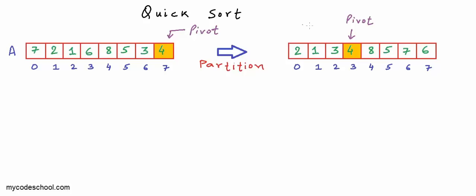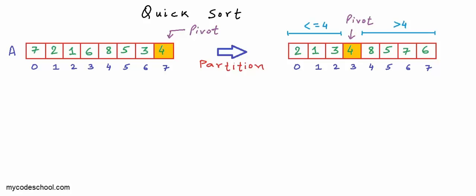For example, 2, 1 and 3 are lesser than the pivot in this example. We could have had them in the order 3, 2, 1 or 1, 2, 3. It doesn't really matter. We can have any one such arrangement. The only requirement is that all the elements lesser than the pivot should be towards the left and all the elements greater than the pivot should be towards the right.